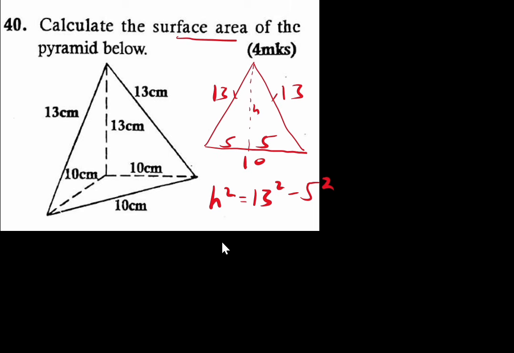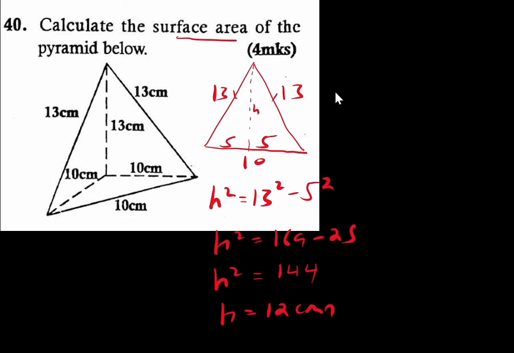So h squared will be 13 squared is 169, minus 5 squared we get 25. So h squared is 169 minus 25, you get 144. And then to get h, you get the square root on both sides. So h will be the square root of 144, which is 12 centimeters.